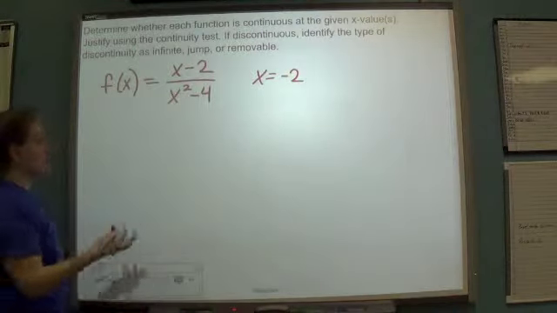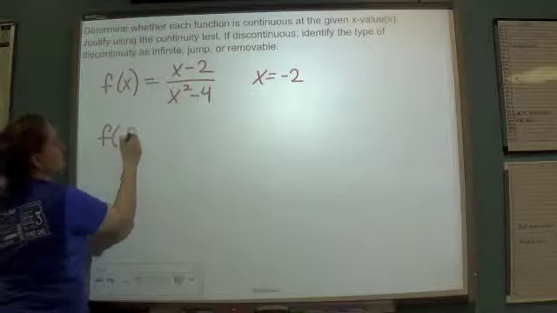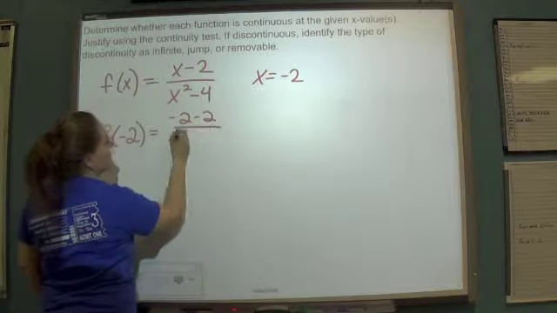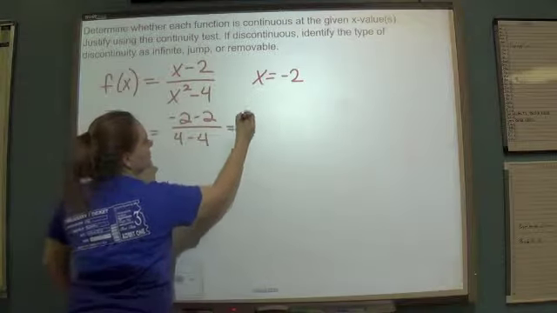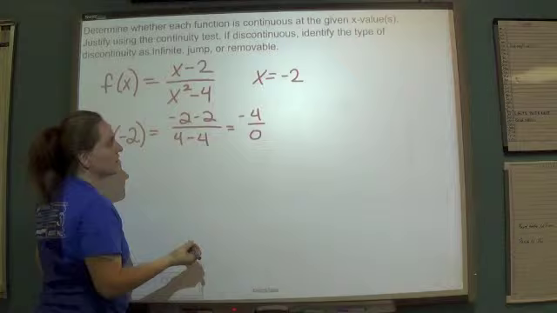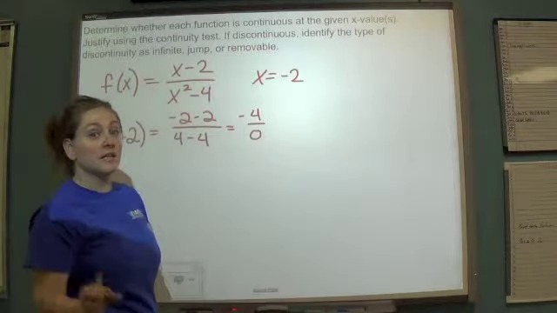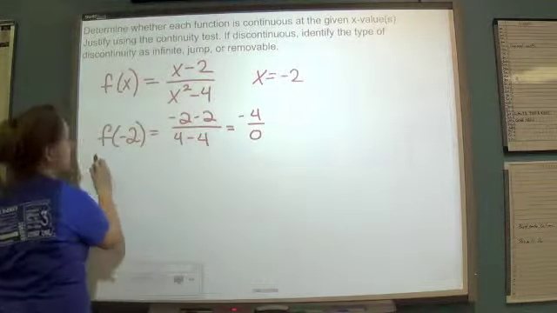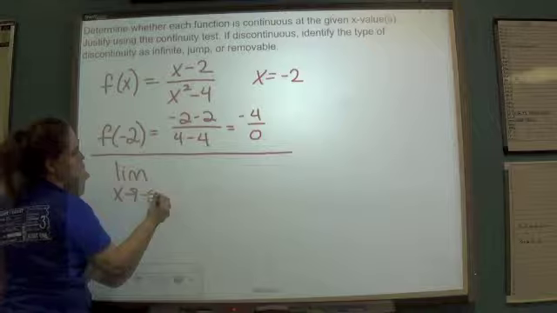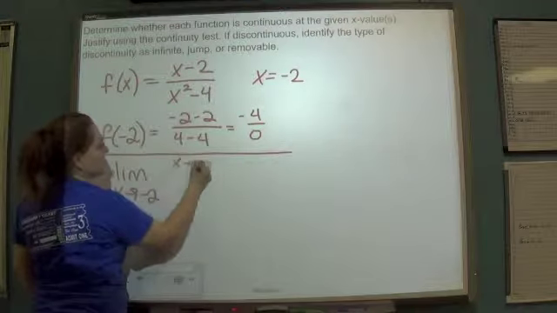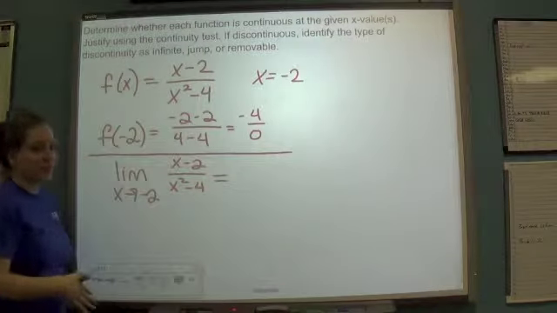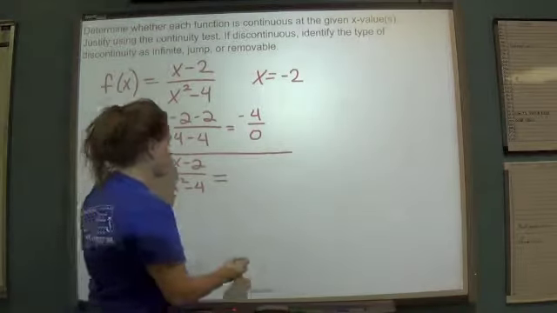First test is to plug it in. f of negative 2 equals negative 2 minus 2 over 4 minus 4, which equals negative 4 over 0. So we already proved 0 is in the denominator, so it is discontinuous. Now we have to figure out the limit. What is the limit as x approaches negative 2 of x minus 2 over x squared minus 4? So we do our table.